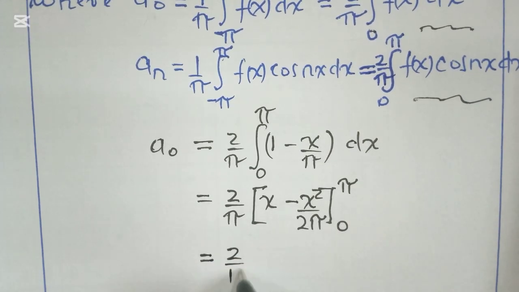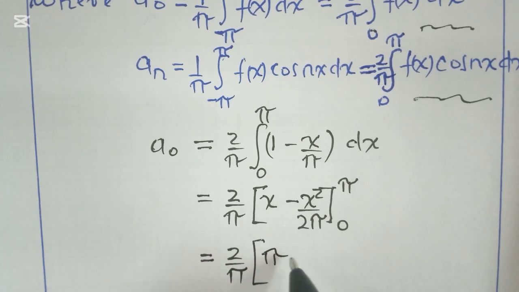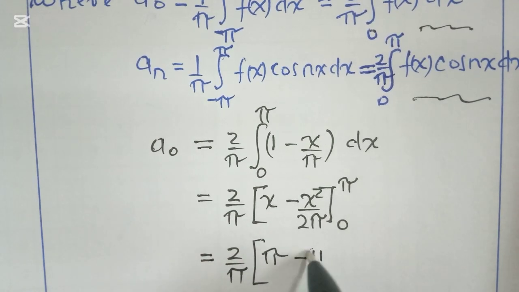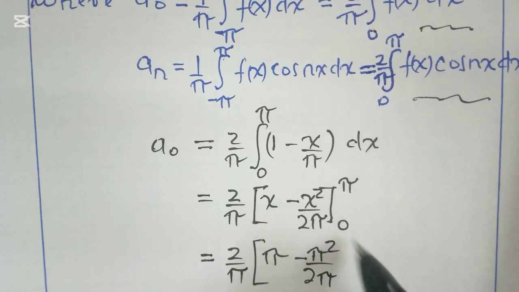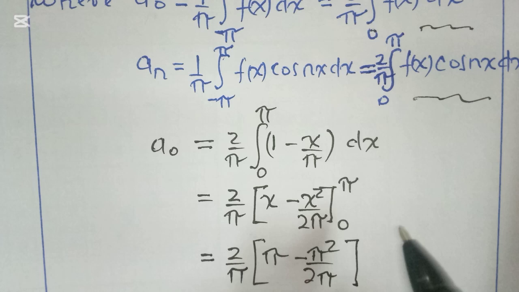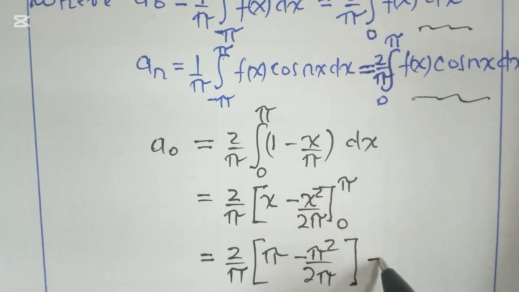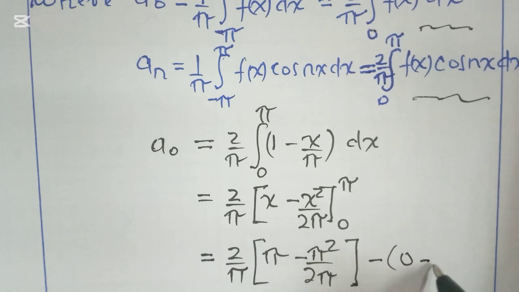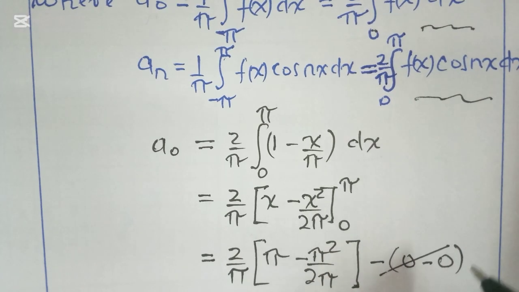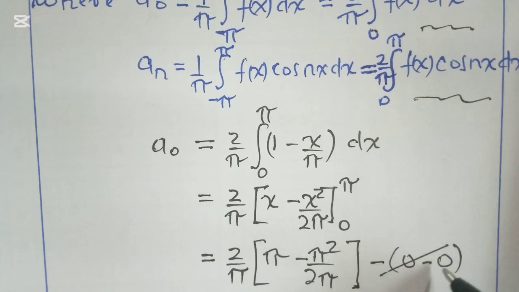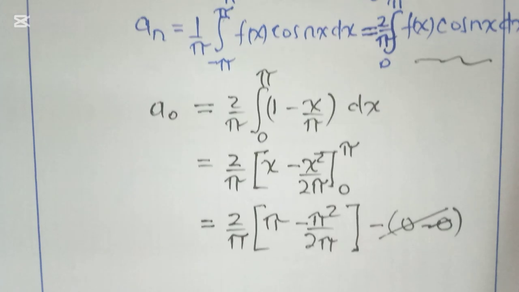We have 2 all over pi, times pi minus pi squared all over 2 pi. For 0, it's going to be 0 minus 0, so we can do away with that. So it's actually 0 alone. So that one we are going to have just 0.